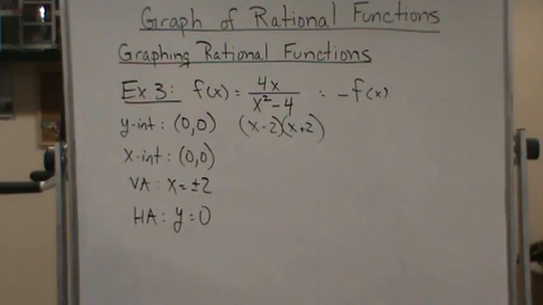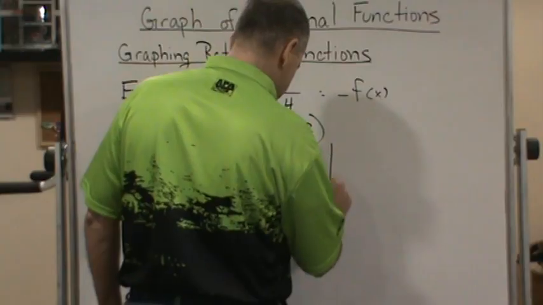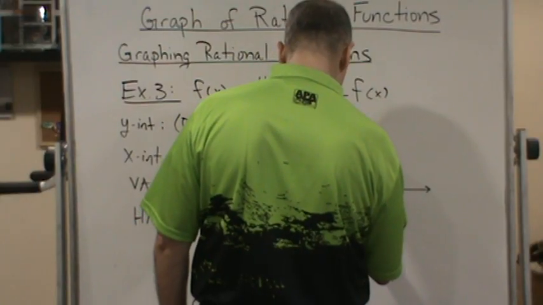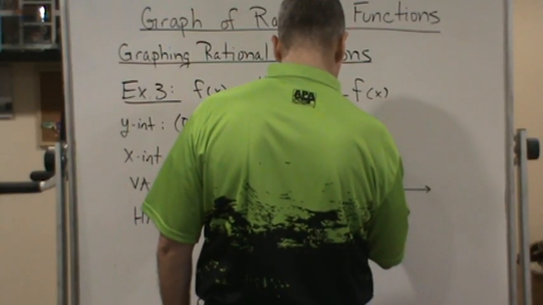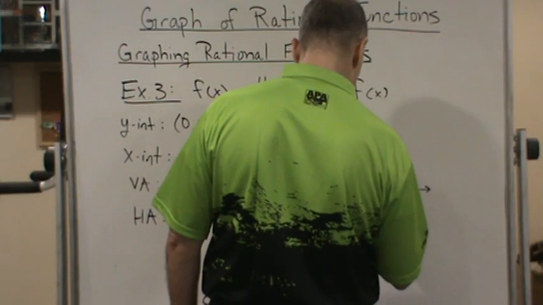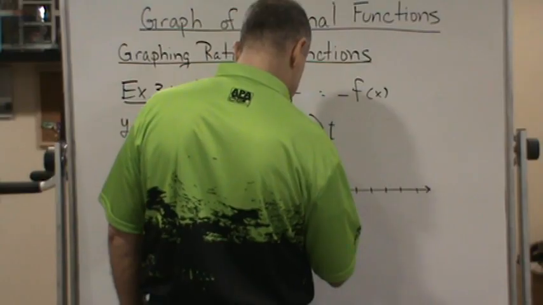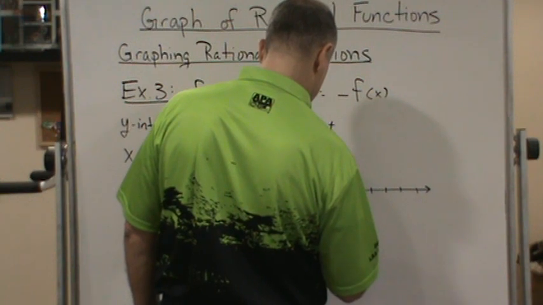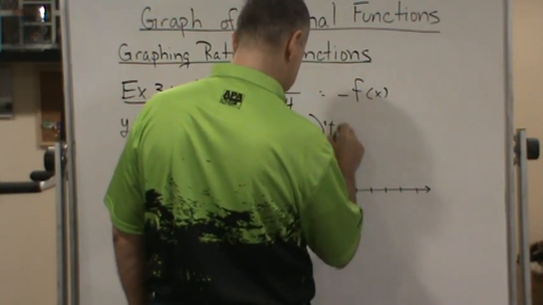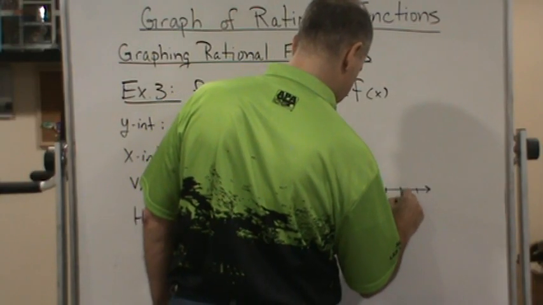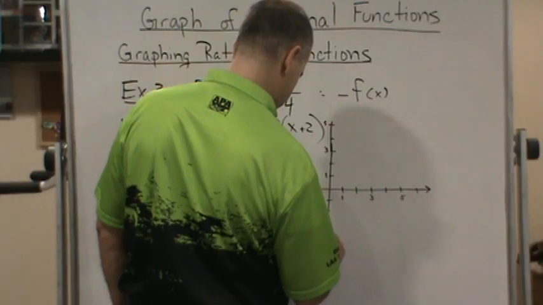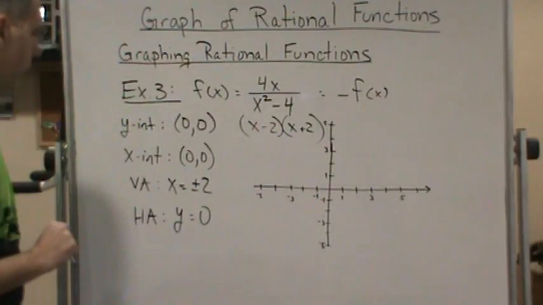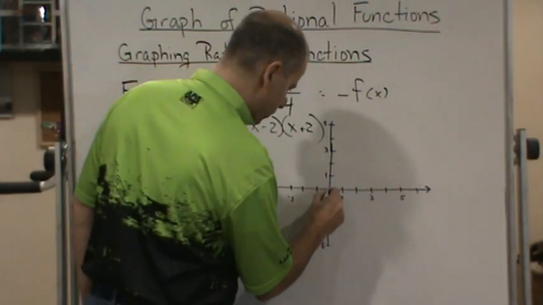Now let's plot what we know. So the x and y intercept is right here at the origin.